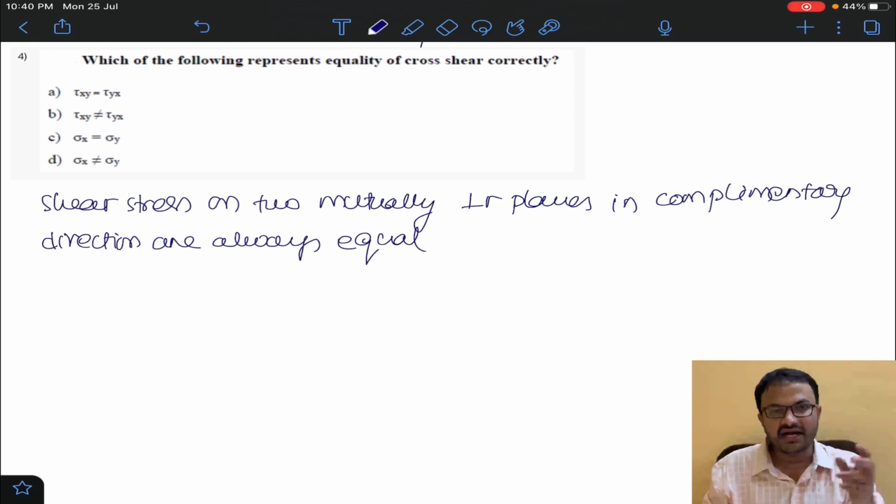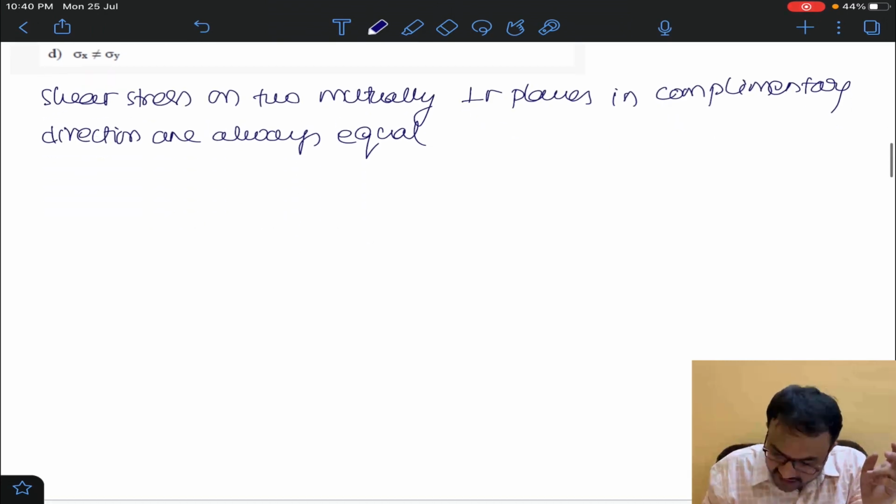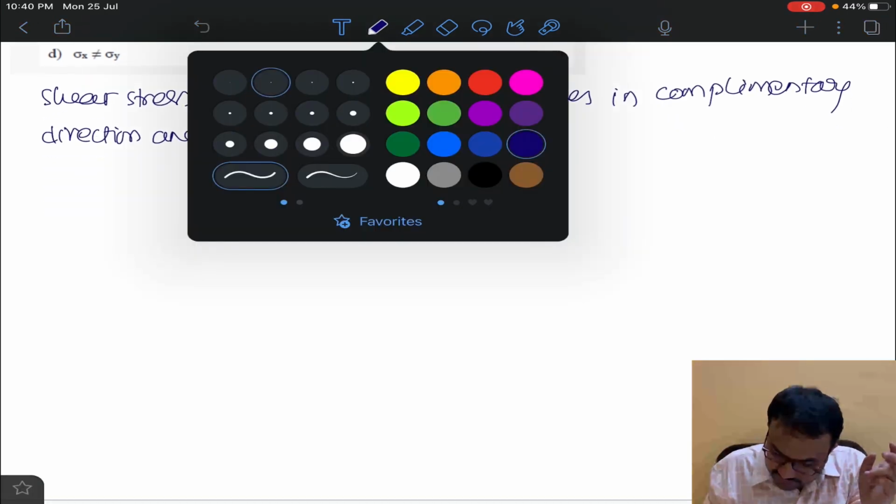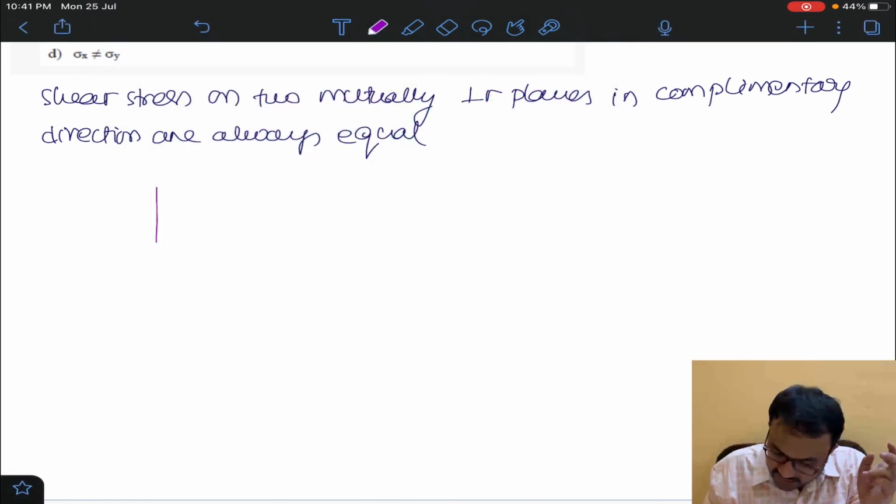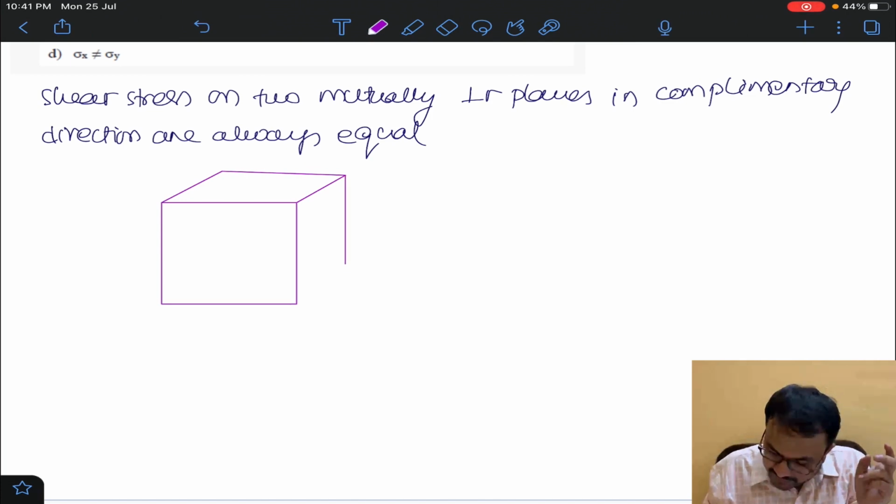Okay, so this is a standard statement we need to remember, and this we can prove by using the moment equilibrium condition. For example, I am taking a stress element. This is the length of the element, this is the width of the element, and this is the depth of the element.